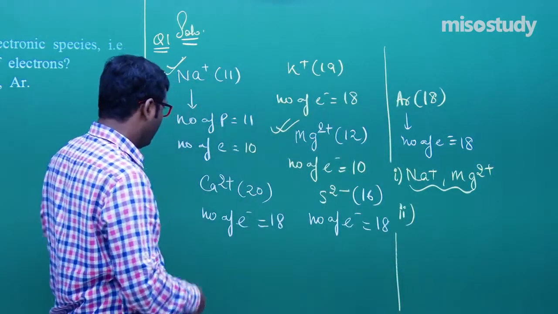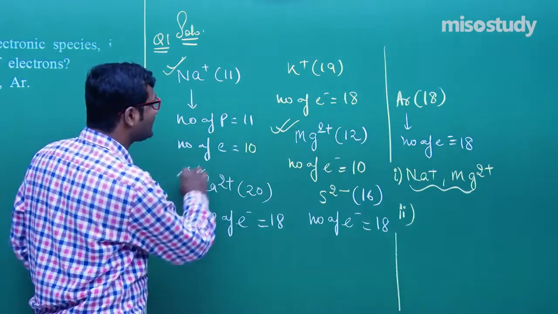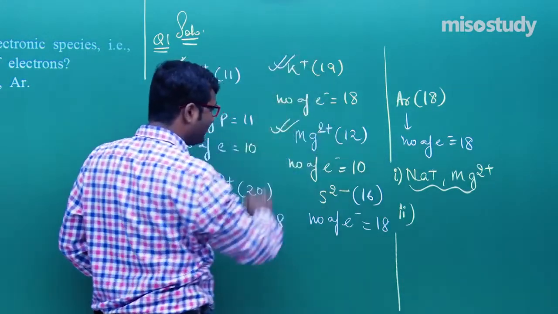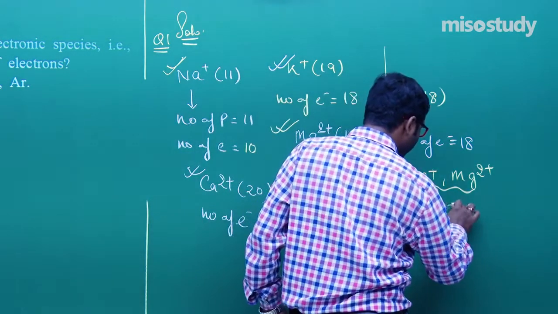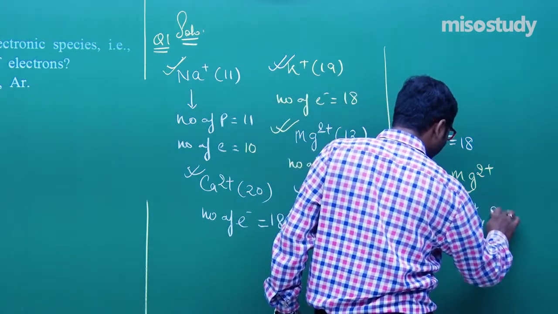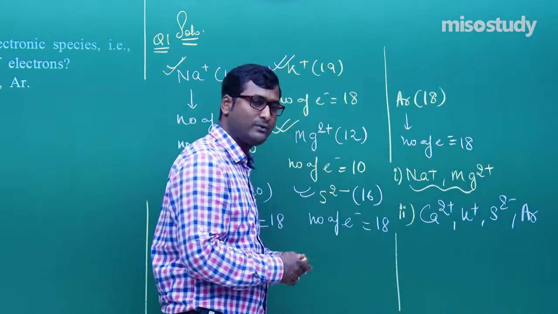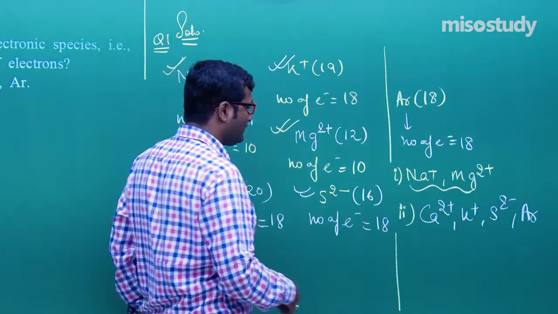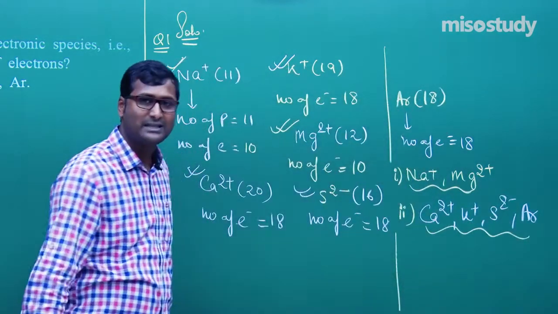And the next group is Ca2+, K+, S2- and argon. This is the complete set. We have separated them into isoelectronic species. These are the pairs.